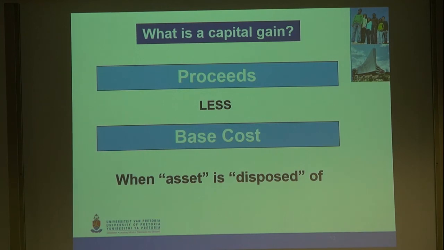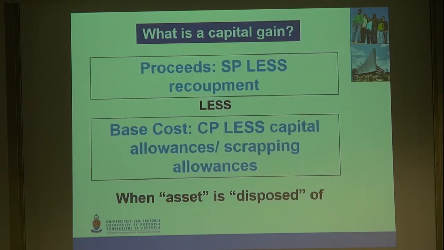So there's the formula: proceeds less base cost when we dispose of an asset. It goes a little bit further than that, because I just want to show you this so that you can see the link. The definition of proceeds is the selling price less the recoupment. That links to the last part of our lecture we've just done. You need to know what the recoupment is so that you can work out the capital gains tax.